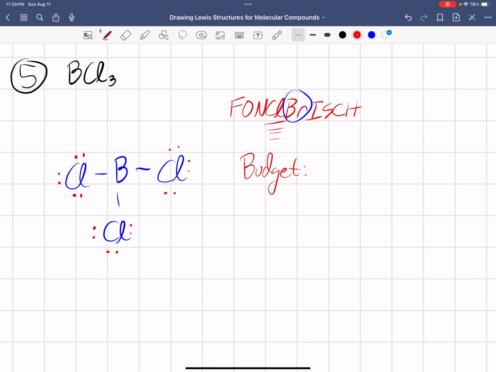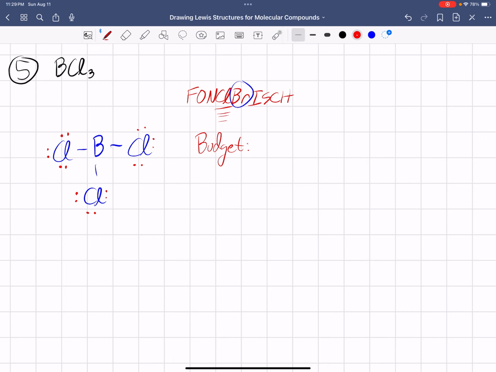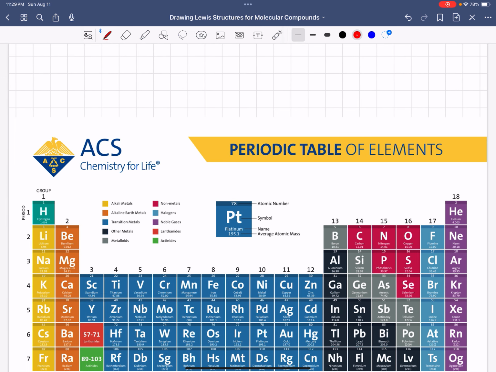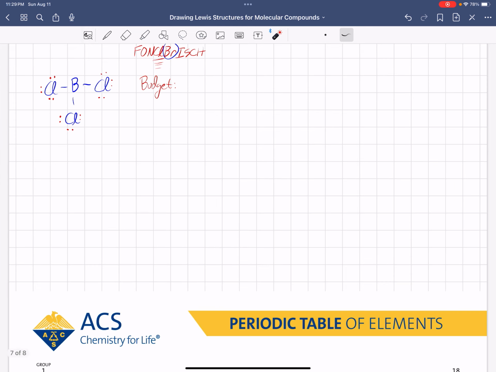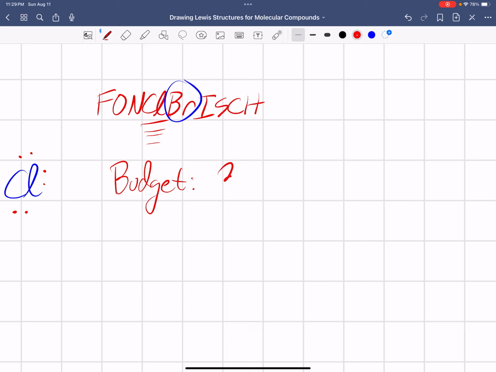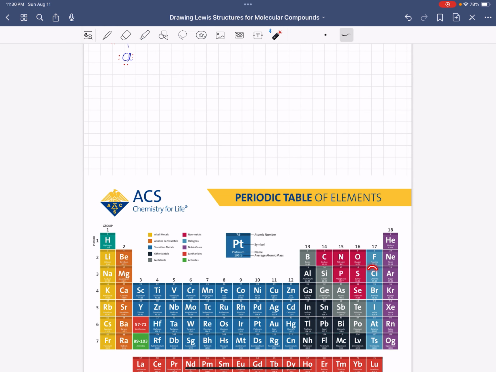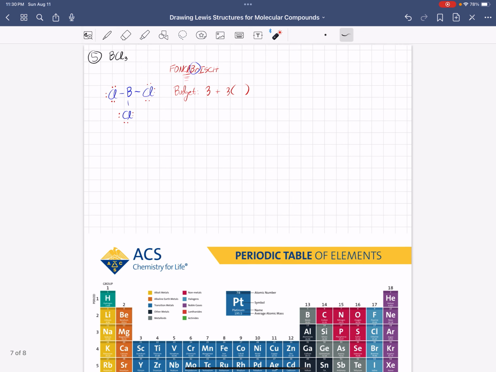So let's see. We need to do the boron. So let's find out how many valence electrons boron has. 1, 2, 3 valence electrons for boron. And then we have 3 chlorines. So chlorine is another halogen. And if you remember fluorine, chlorine also has 1, 2, 3, 4, 5, 6, 7 electrons, just like fluorine did.